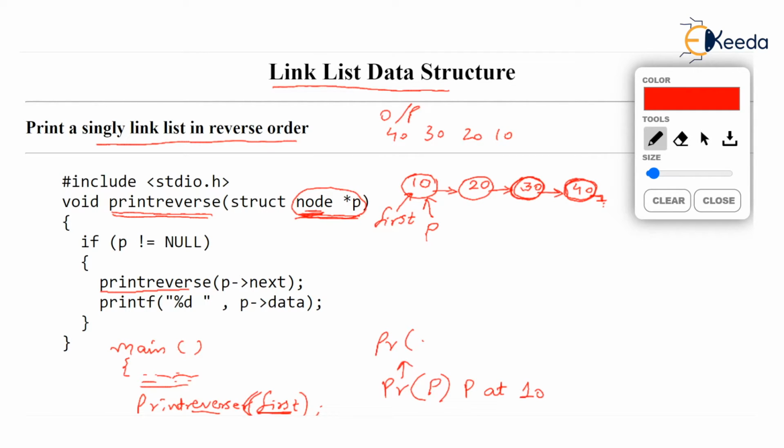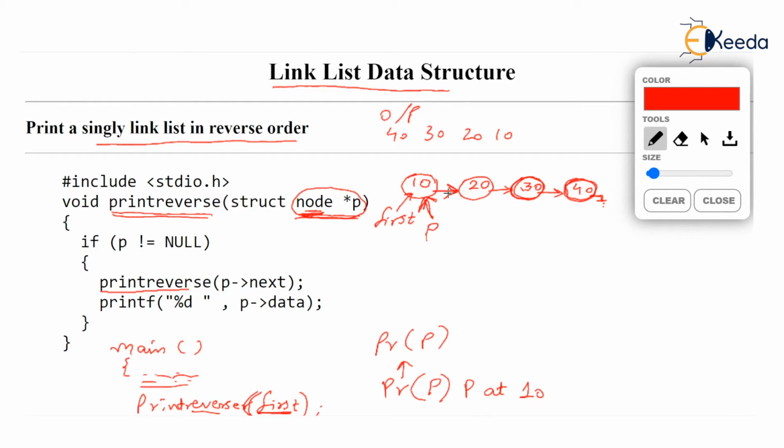P is the parameter. But what is the parameter P now going to receive? Strictly speaking, this parameter is going to receive P arrow next. Now what is P arrow next? Let's observe our diagram. P arrow next is nothing but pointer to 20. This next of 10 is storing the address of 20.